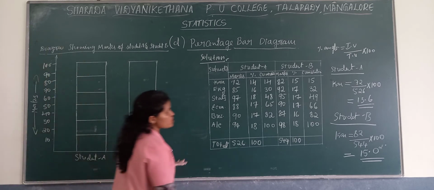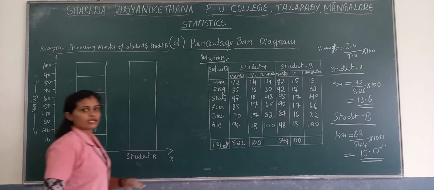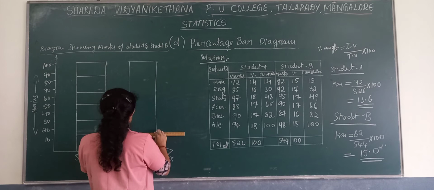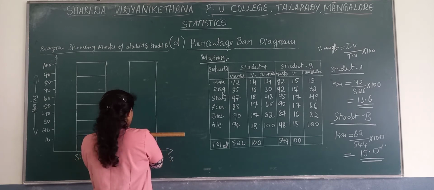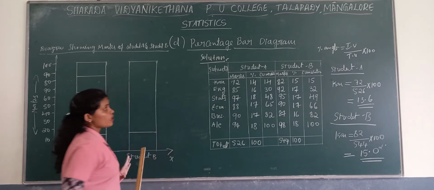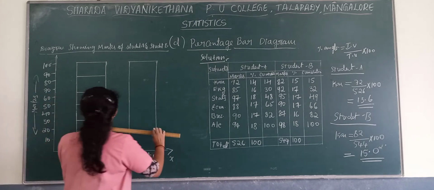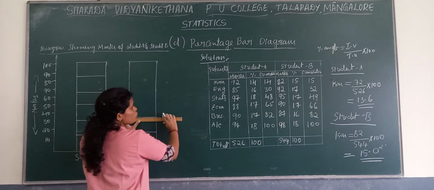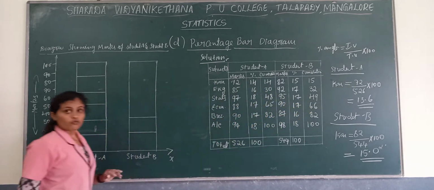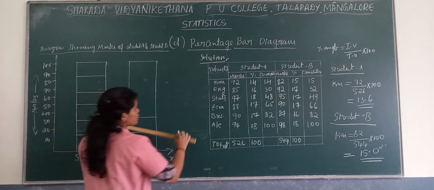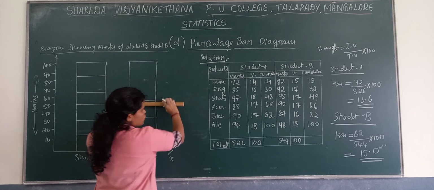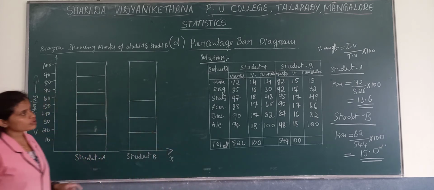Now we'll move towards student B. See the cumulative values: 15. Here the first one for A was 14, here it is 15. Next one 32. And next comes 49. Here for A it was 48, here it is 49.